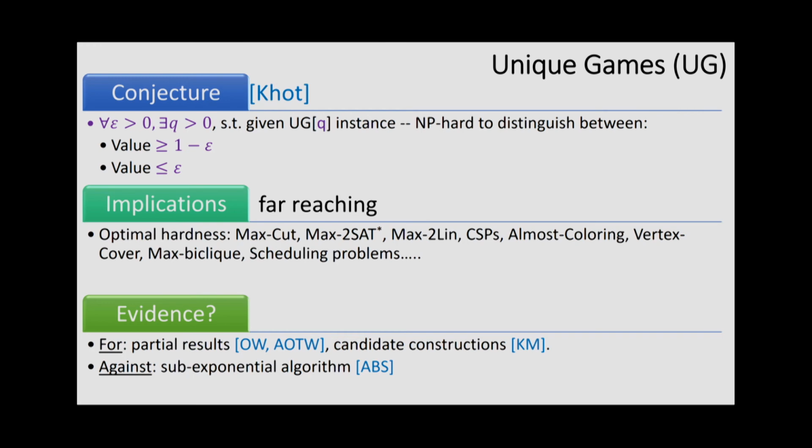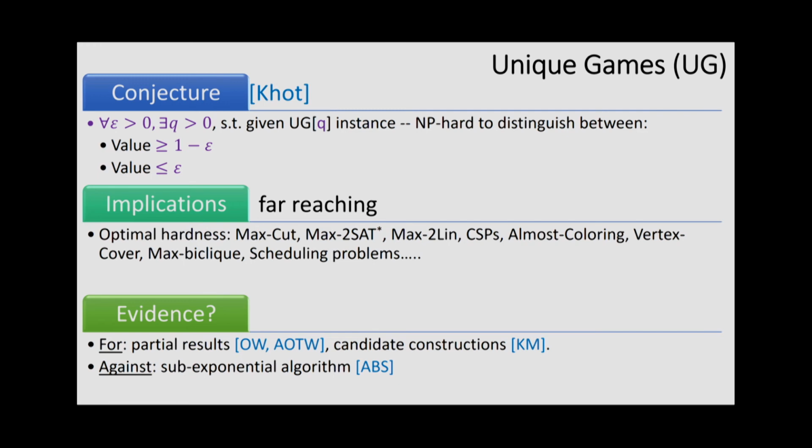For the conjecture, we have some partial results, meaning if you change this 1 minus epsilon and epsilon to different things, you get to say that this problem is hard, but it's fairly limited. And we also have a candidate construction by Khot and Vishnoi of a hard unique games instance.